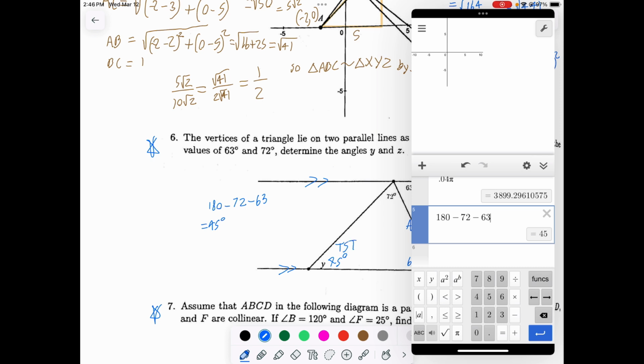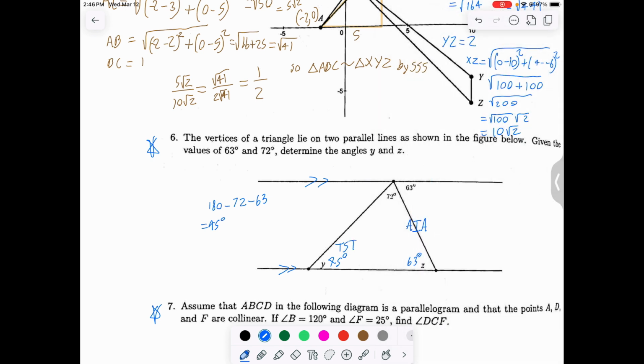All right. Being able to find out those angles using different methods is very useful. One of the other methods you could use is recognize that these two angles add up to 135 degrees, I think, and they're same side interior with this one. So you could have used same side interior angles to get that as well.